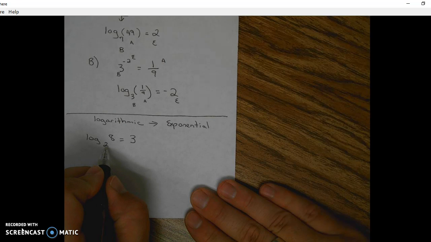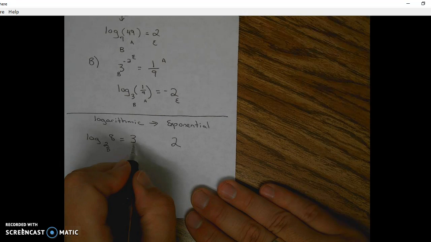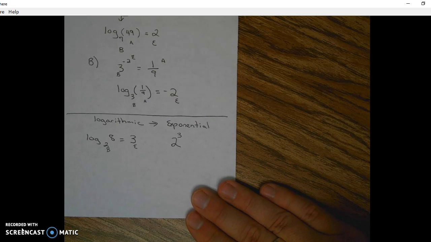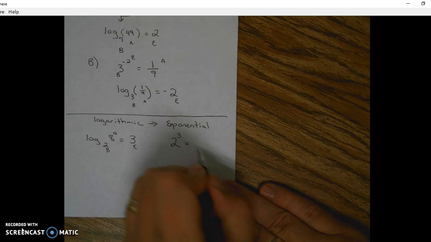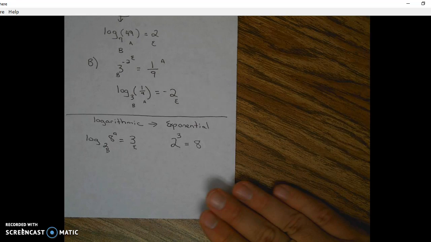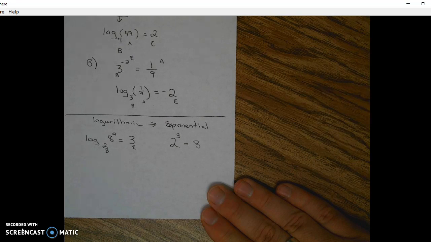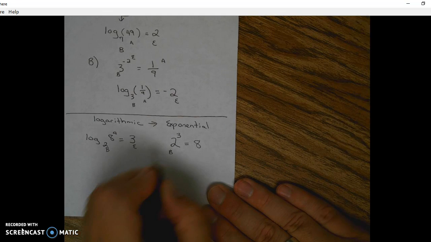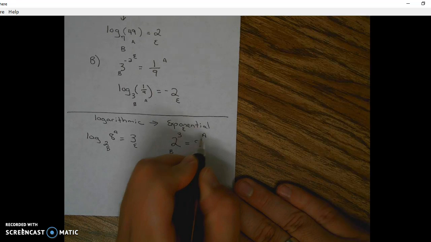We start with the base. That would be a 2. Then the exponent, which is a 3. And then the argument, which is an 8. And that works out. 2 to the 3rd power equals 8. So base, then exponent, and then argument.